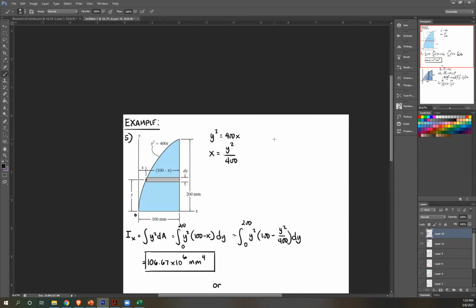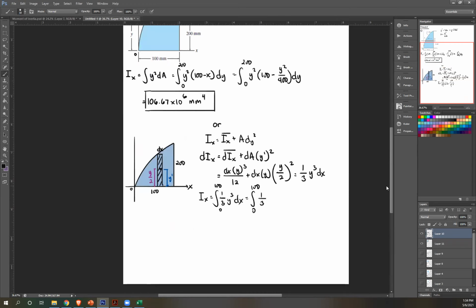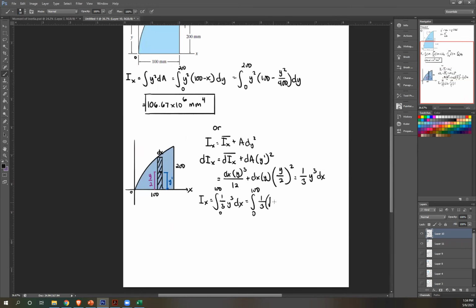We have this equation, y squared equals 400x. Therefore, y is the square root of 400x. So this is now the square root of 400x cubed dx.